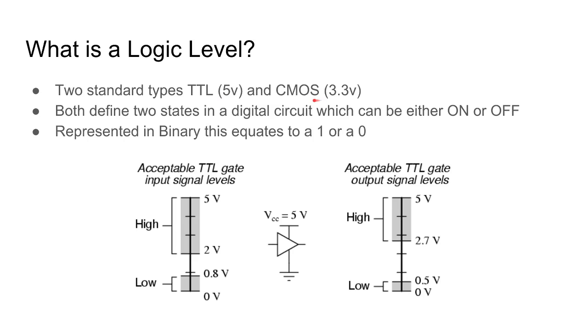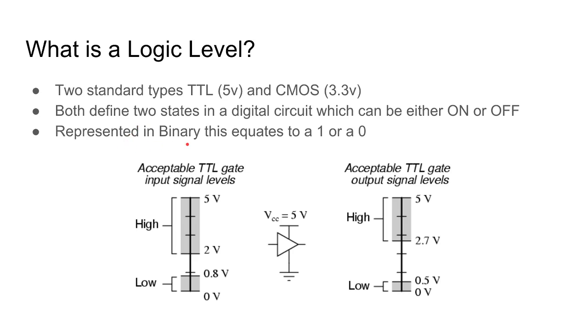And then you get the CMOS type, which are devices that run on a lower voltage, which you usually find in lower power and more modern and more compact devices. Both of these standards define two states in a digital circuit, which can either be on and off.